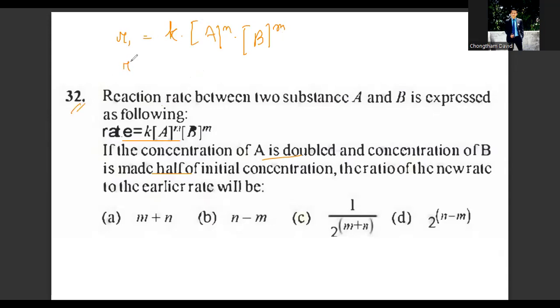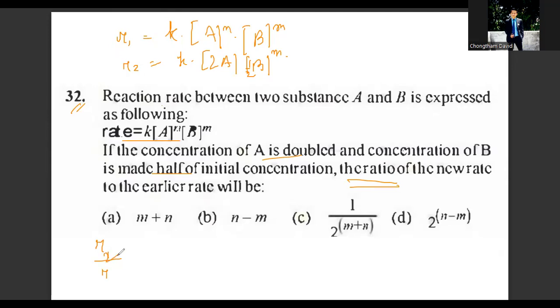This is an important question. R2 would be k, with A increased double times and B reduced to 1 by 2 times. Now you find the ratio of these two, because the question is asking what is the ratio of the new rate to the earlier rate.